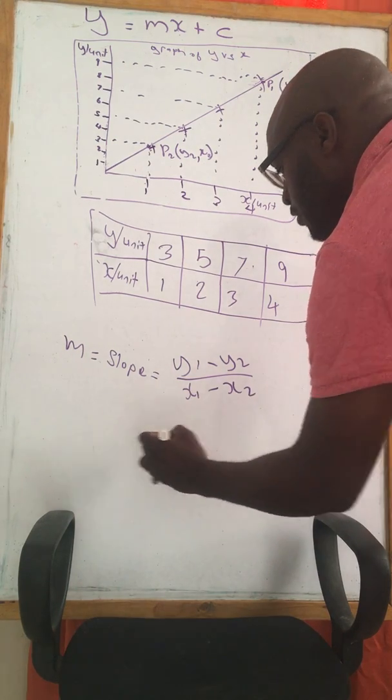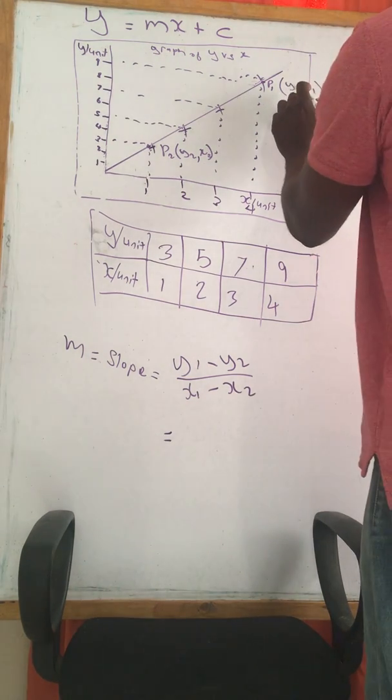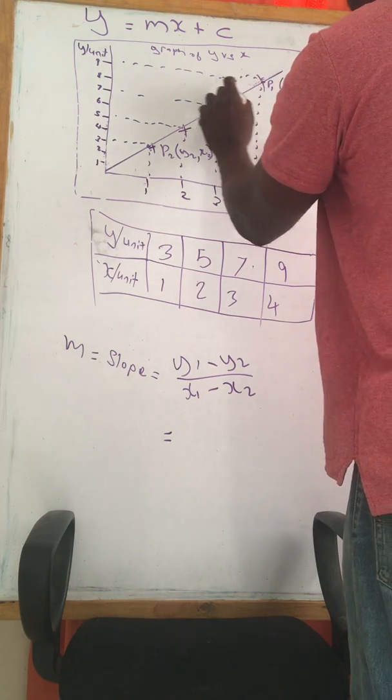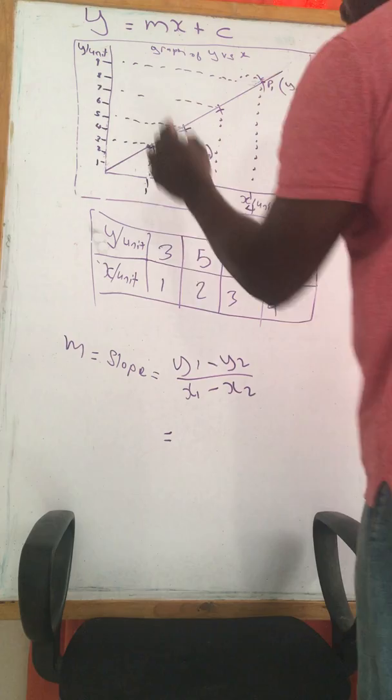Right? So let us put some values to it. So then y1, what is my y1? In this case, my y1 would be 9.